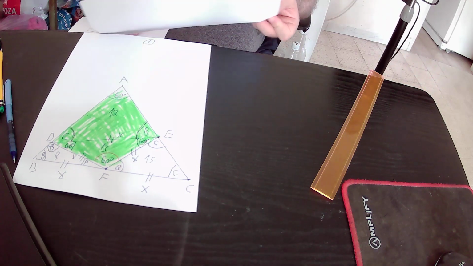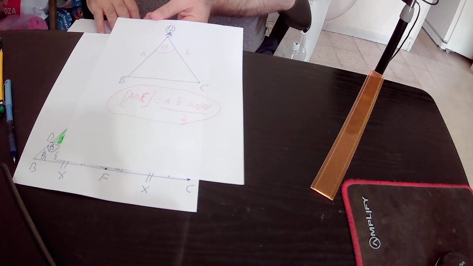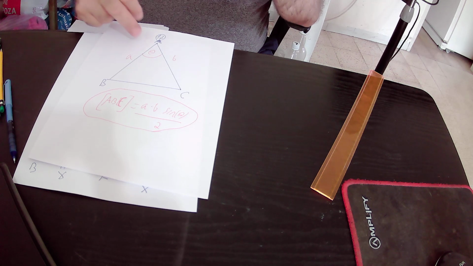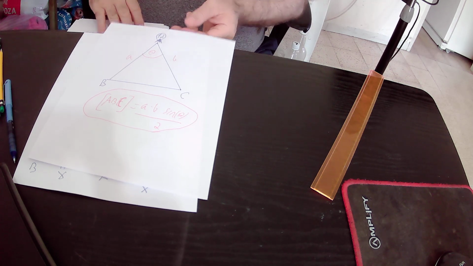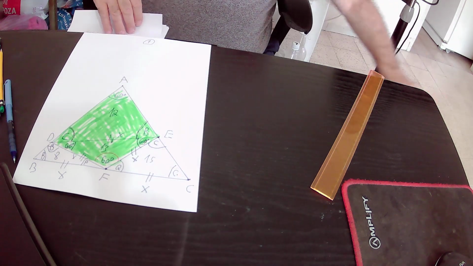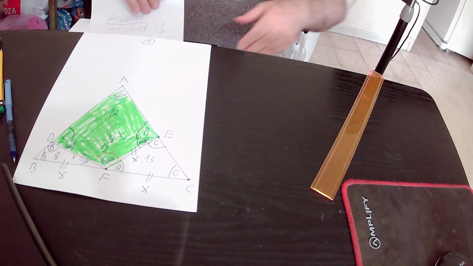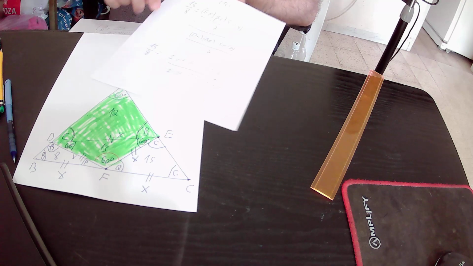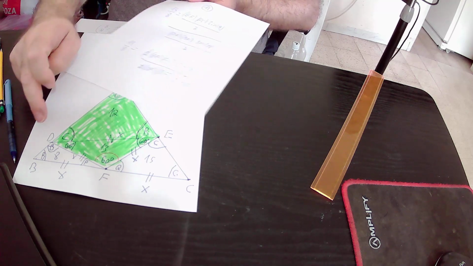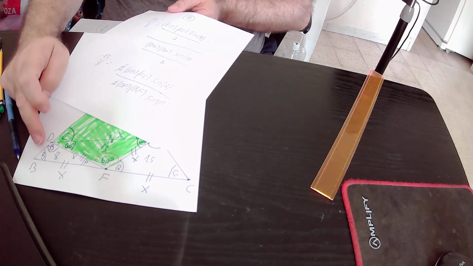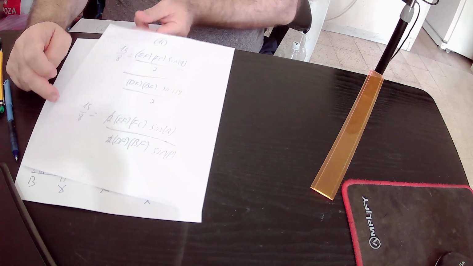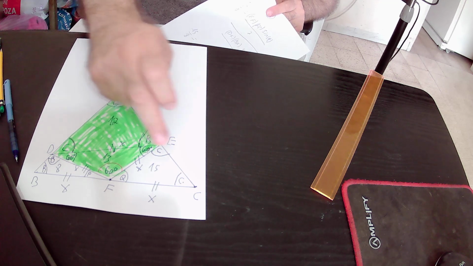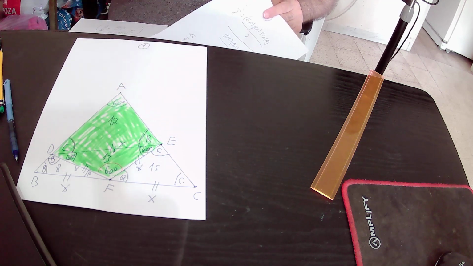Then I presented to you a new formula for the area of any triangle. The area of this triangle equals A times B times sine theta over 2. Then we divided the area of triangle EFC by the area of triangle DBF, and we calculated the area of triangle EFC according to the formula that I presented to you.